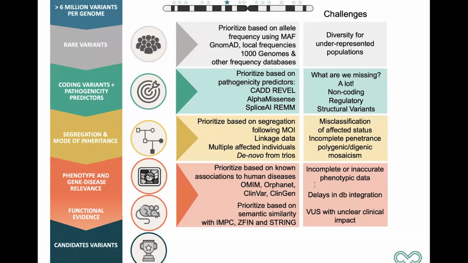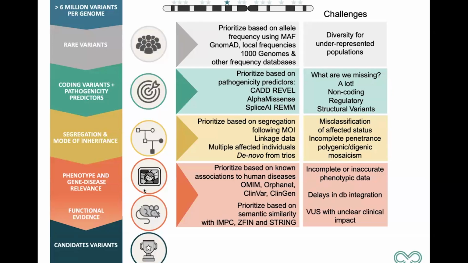So this might be causing some delays between the publication of new findings and their integration into the databases. And additionally, many prioritized variants might still fall into the category of variants of unknown significance, where the clinical impact remains unclear despite the gene-disease association or phenotypic similarity.